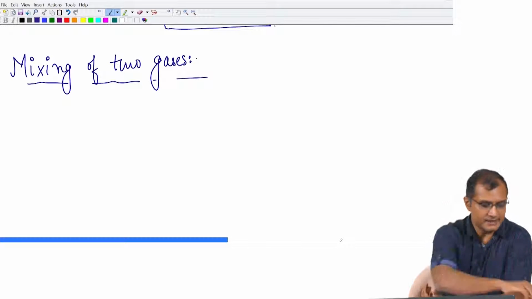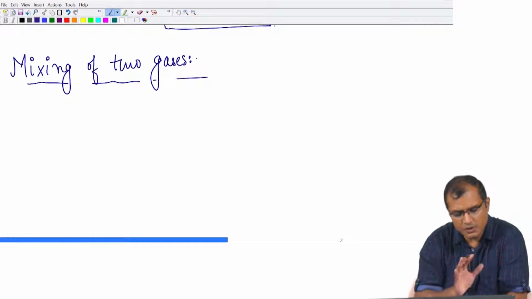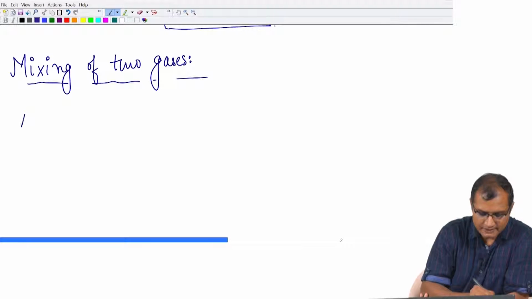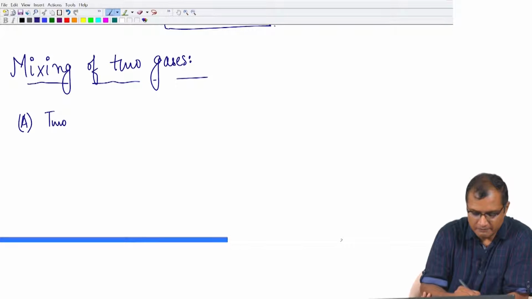So, we will discuss these two different cases, and I am going to talk about the first case when two different gases are mixed.